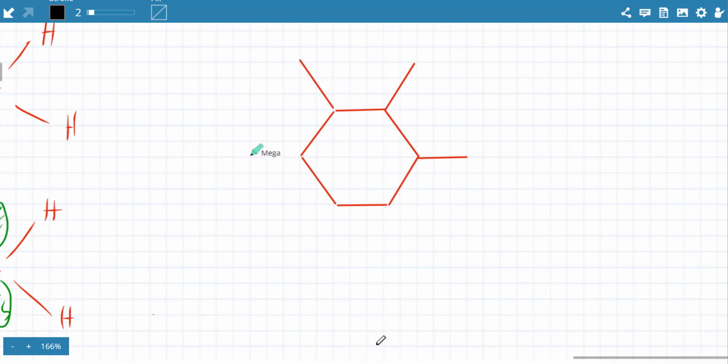Let's say these are the hydrogen atoms. The middle one is the carbon atom, and these dots are carbon atoms. Each carbon atom is making three bonds, and on the outside they're all bonded to hydrogen atoms.